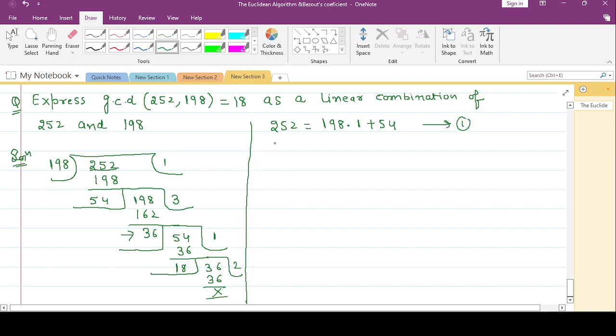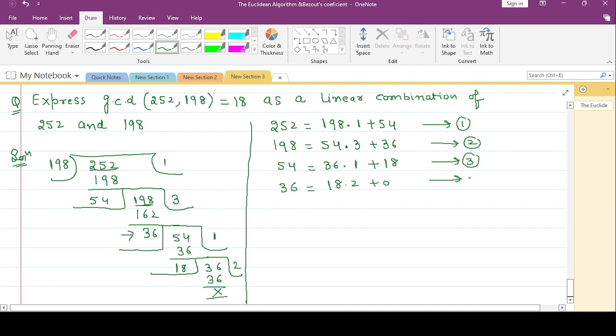Next is 198, which is the dividend: dividend is equal to divisor into quotient plus remainder. Write it as equation number 2. Then again 54 is equal to divisor into quotient plus remainder. Write it as equation number 3. And the last one is 36, which is equal to 18 into 2, and here the remainder is 0. So write it as 4.